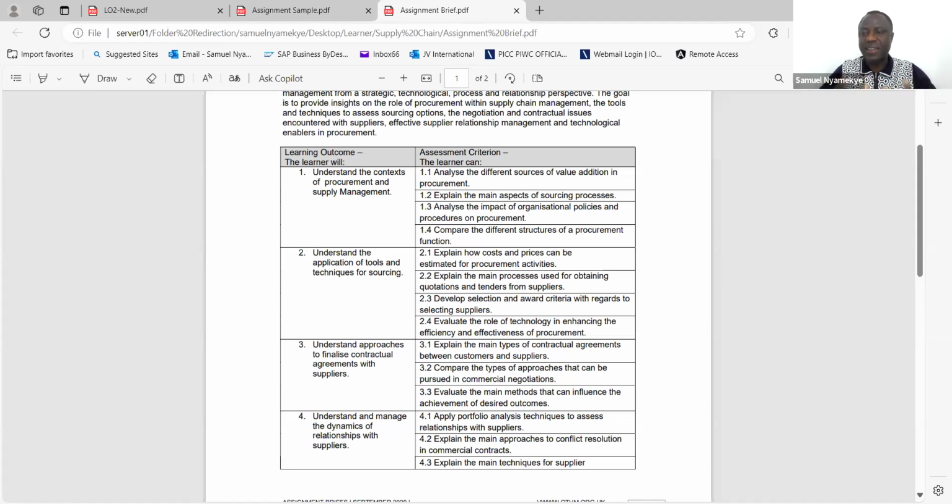The central thing is driving down cost and making it very efficient. So we'll be looking at cost and price. Is there any difference? We will see. And the processes of obtaining quotation.